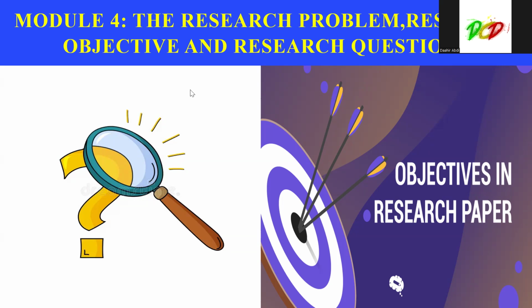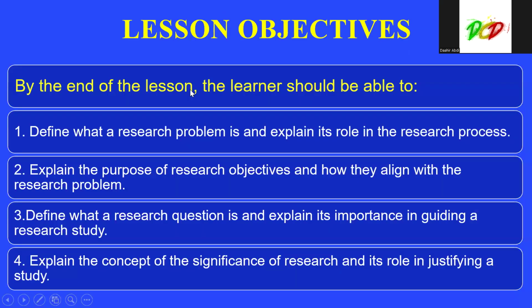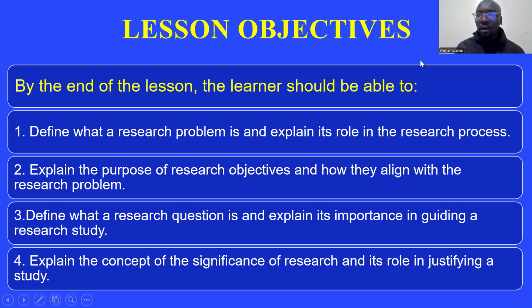So in the beginning, they're basically telling us that these are our lesson objectives. By the end of the lesson, the learner should be able to, number one, define what a research problem is and explain its role in the research process. Number two, explain the purpose of research objectives and how they align with the research problem.